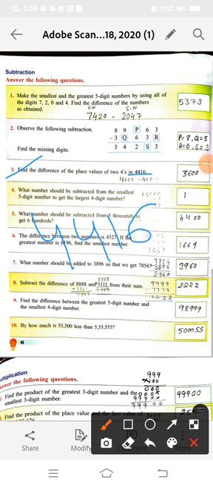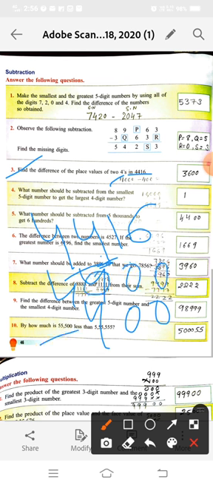Find the difference of the place values of the fours. Two fours are given in this number, and we have to find the difference of the place value of the two fours. So here is ones, tens, hundreds. The first 4 here, its place value is 400. Okay, and the second 4 stands on the 1000 place, so 4000.